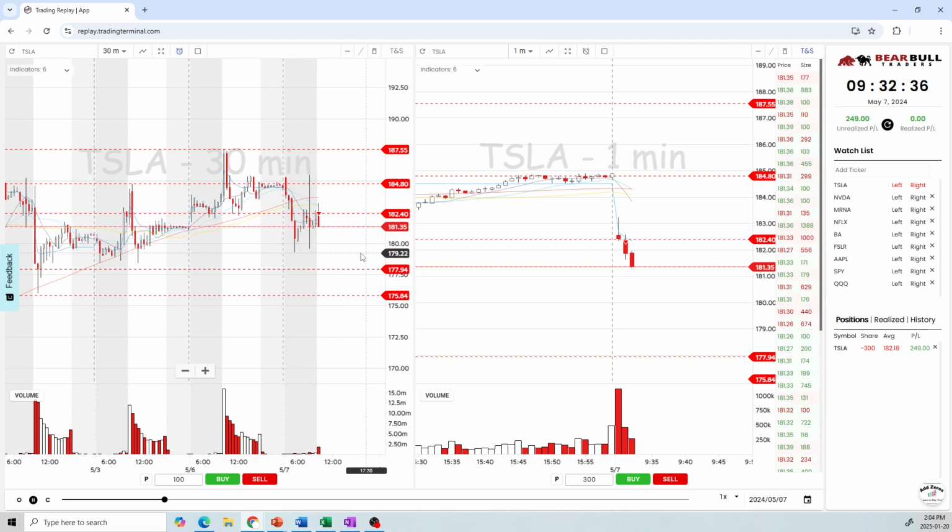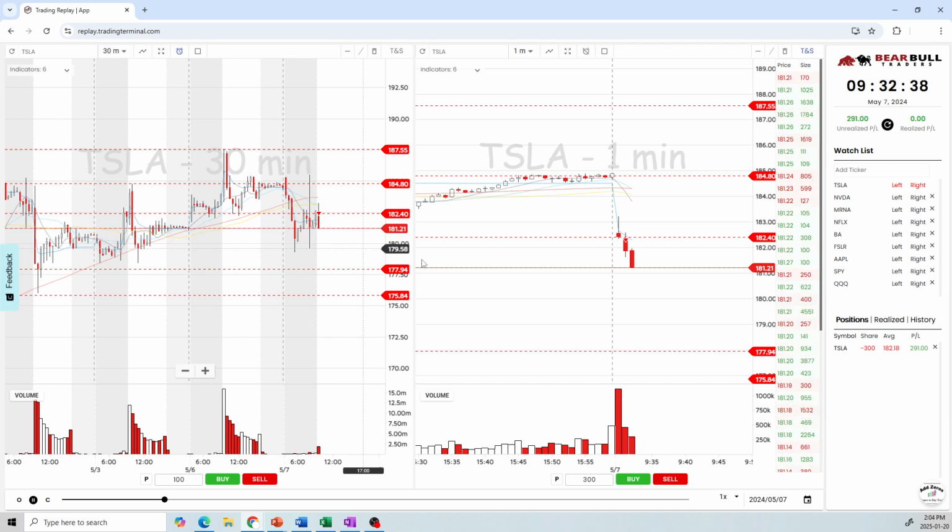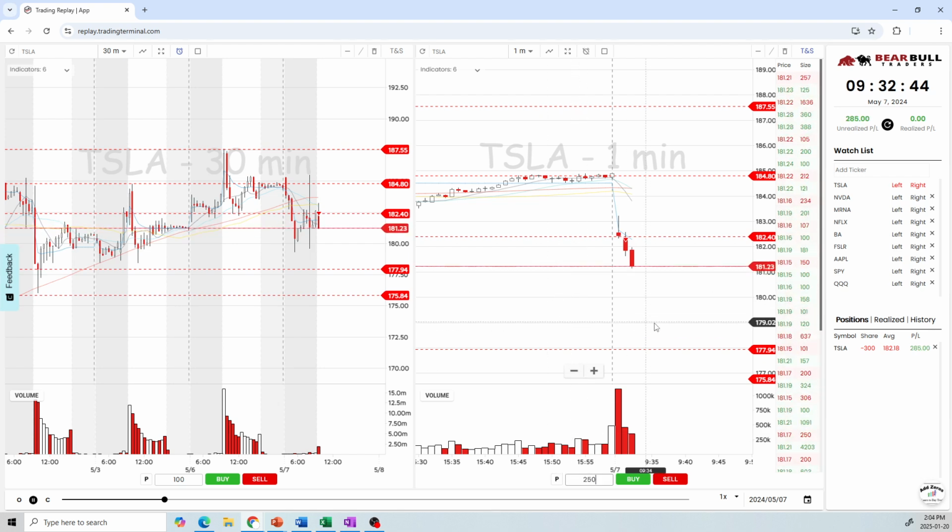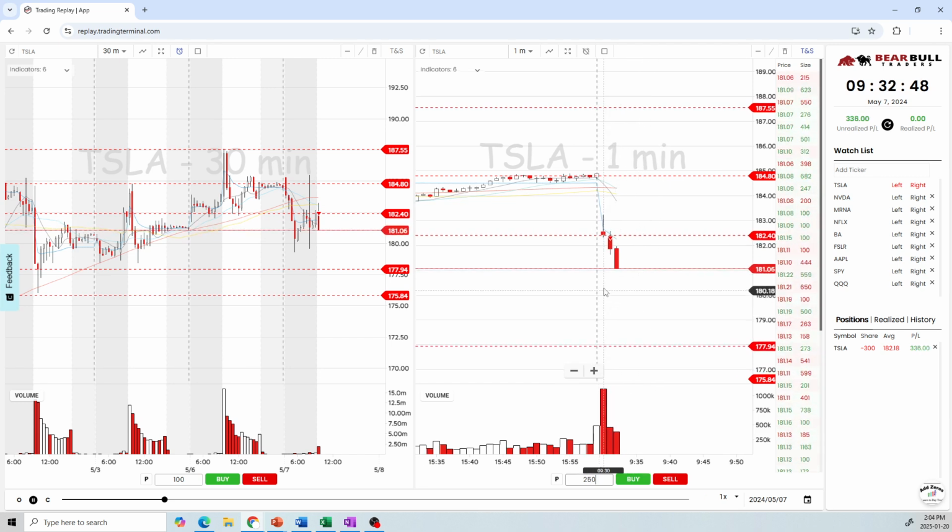So we are definitely going to look at the 180 level for the first partial. So right now we're moving very nicely in a very nice trade.